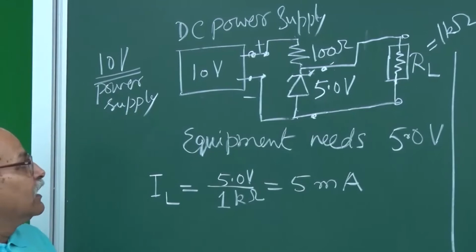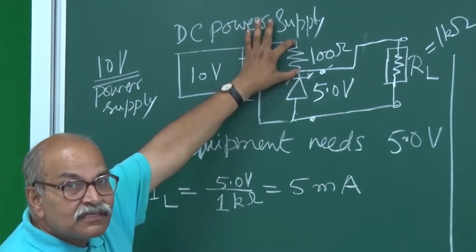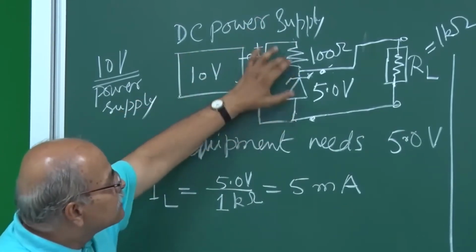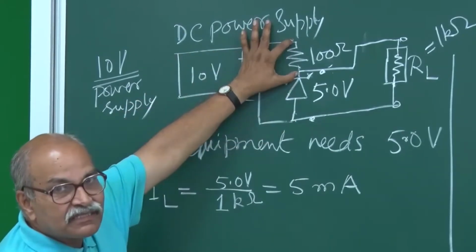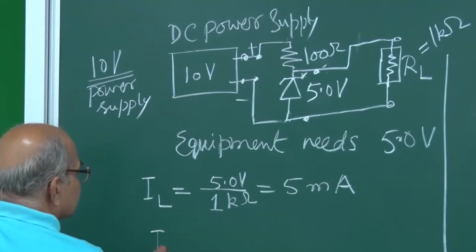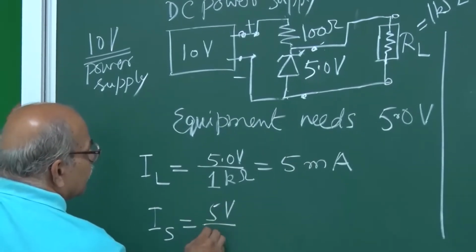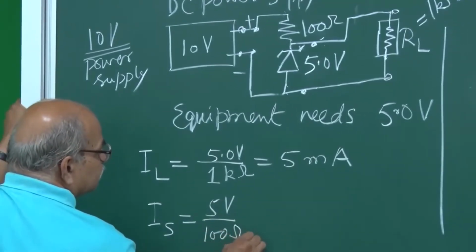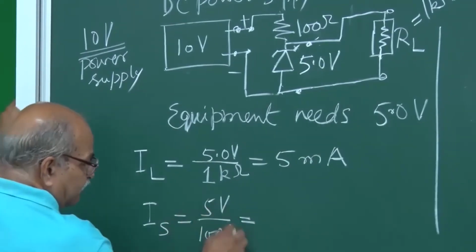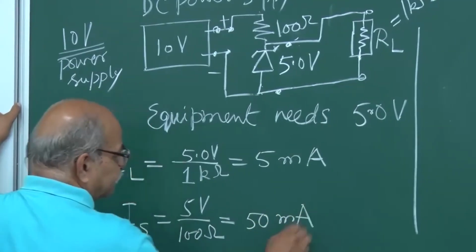Okay. And now what is the current through this RS? Again, if this is 10 volts and this is 5 volts, this will be 5 volts. So IS is equal to 5 volt divided by 100 ohm. How much is this? This is 0.05 ampere, that is 50 milliamperes.